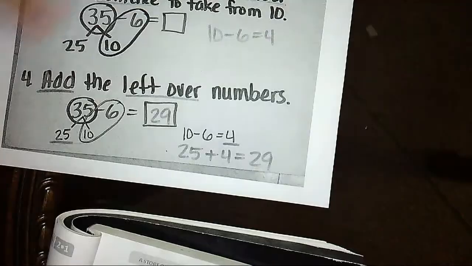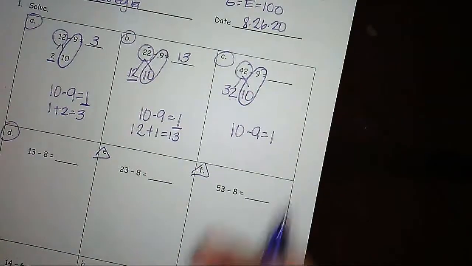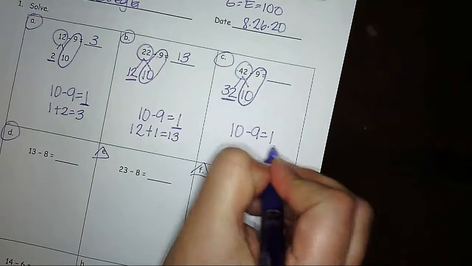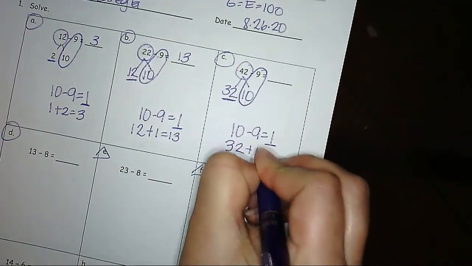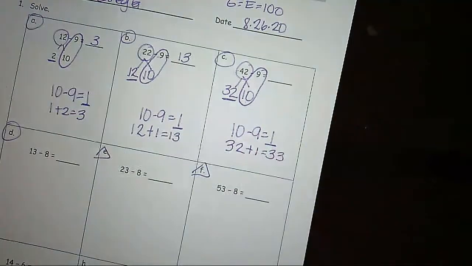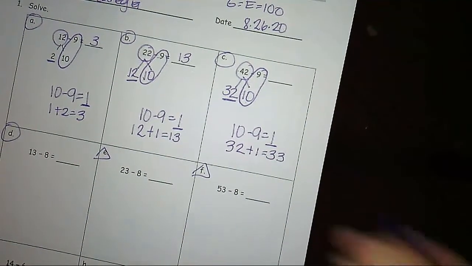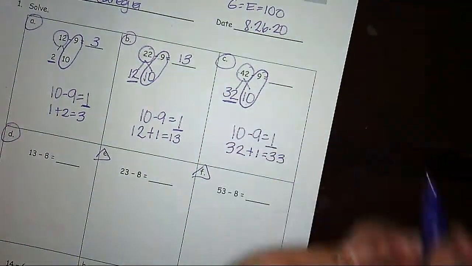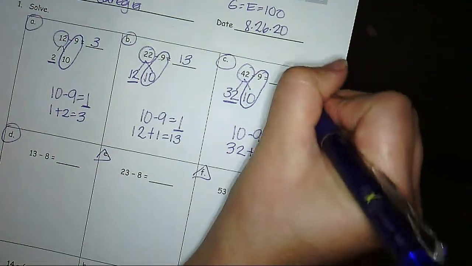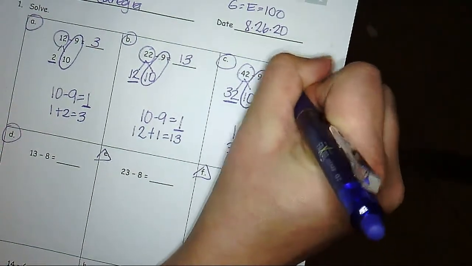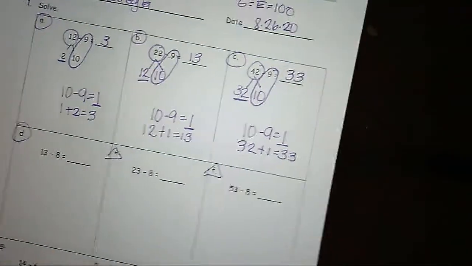And step number 4, add the leftover numbers. Do it. Don't forget. And we come back over here and we write the answer. And we were able to solve that 42 minus 9 equals to 33.